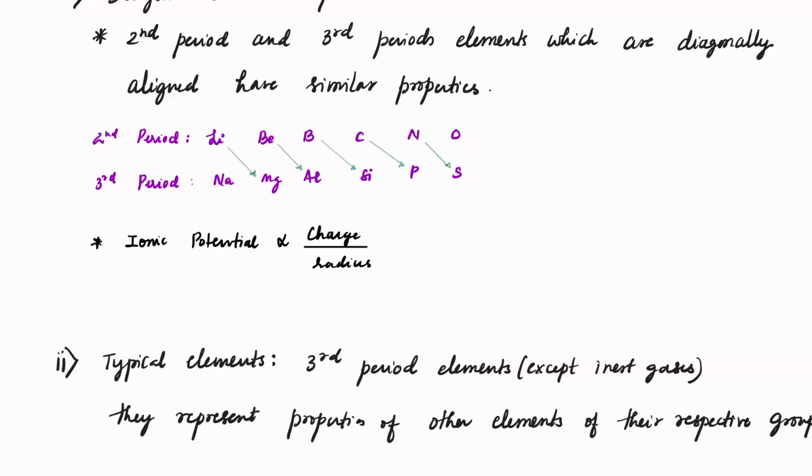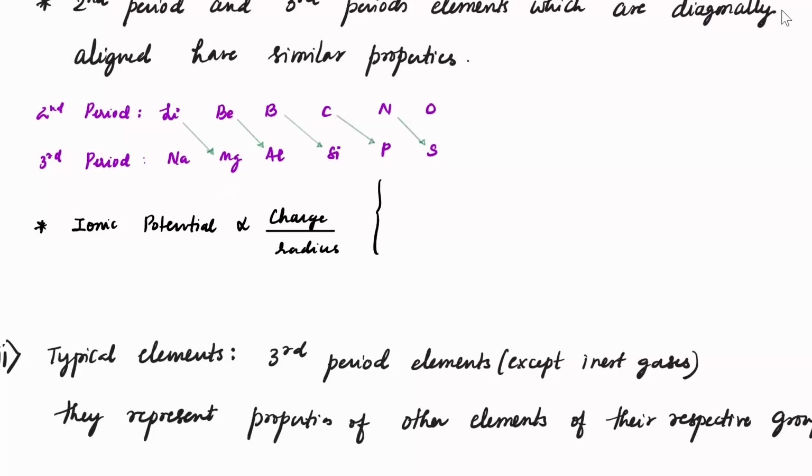Now the same goes with the rest of the elements here. Just for the sake of example, let me write down here. The radius of Mg2 plus is 72 picometer, while the radius of lithium plus is around 76 picometer.